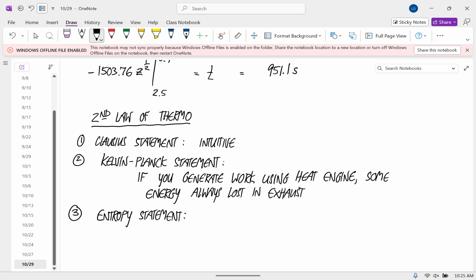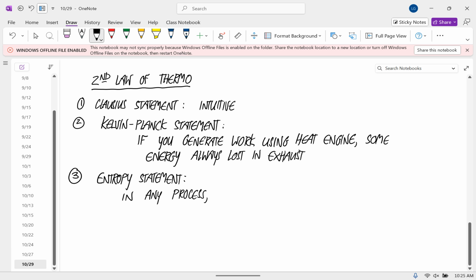And that says in any process, the entropy of the system plus the entropy of the surroundings is greater than or equal to 0. And that entropy is a type of thermal disorder.